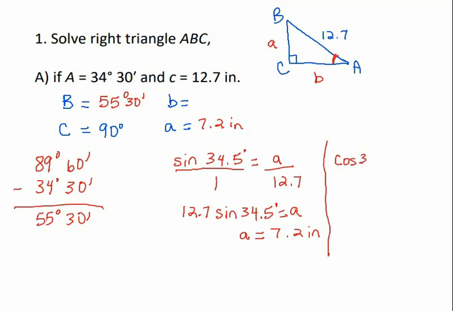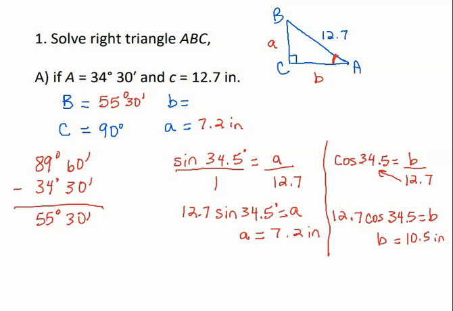Okay, so the cosine of 34.5 degrees is equal to the adjacent over the hypotenuse. So we're going to do the same thing and cross multiply that, and we would put this in our calculator, 12.7 cosine of 34.5 degrees, and that will give us side B. And we get 10.46, which would round to 10.5 inches.